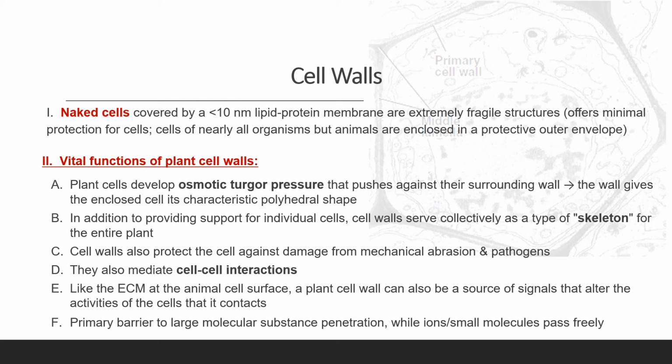So like the ECM at the animal cell surface, the plant cell wall can also be a source of signals that alter the activities of the cell that it contacts. And this is also a primary barrier to large molecular substance penetration, while ions or small molecules can actually pass freely. So compared to animal cells, the cell walls are more rigid.